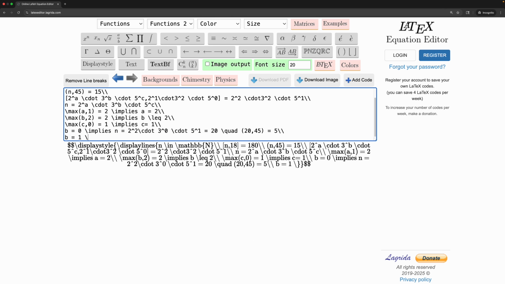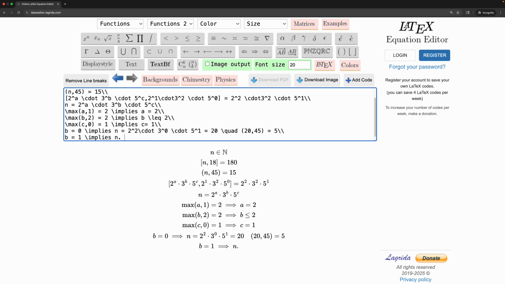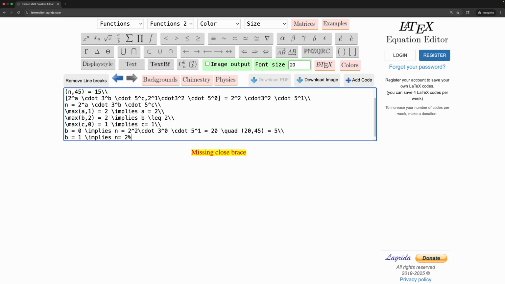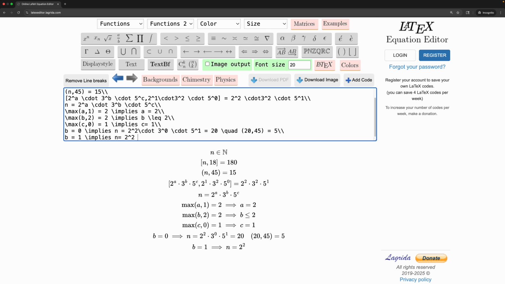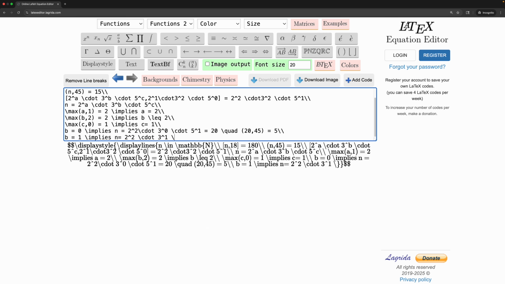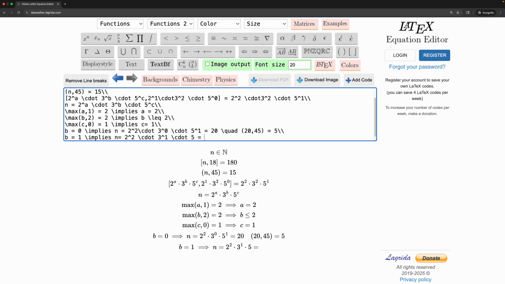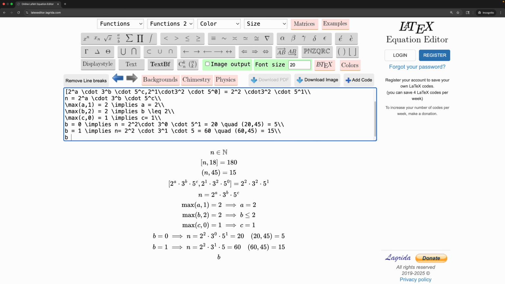Now we try b equals 1. Here we get 60. And we see that the greatest common divisor of 60 and 45 is 15. Great. Now just to be sure, let's check b equals 2.